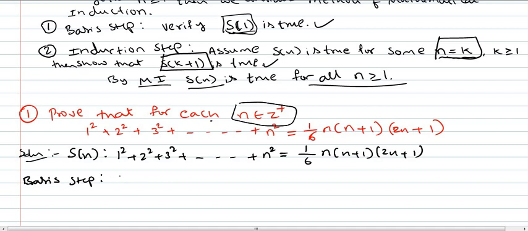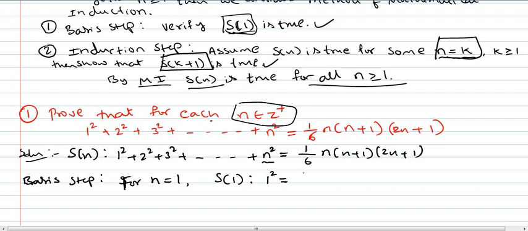What do we do here? We have to verify whether the statement is true for n is equal to 1. For n is equal to 1, S of 1 is the statement. So here on the LHS we have only 1 square, therefore I will take only that term in the above equation.